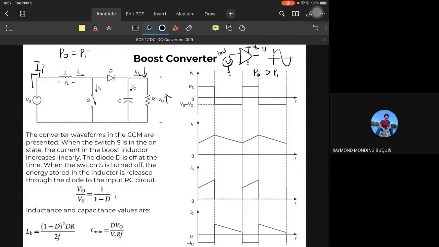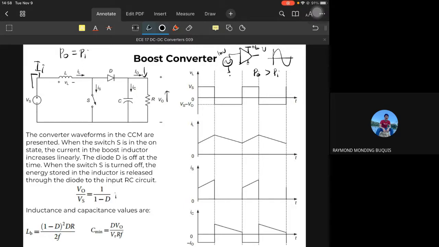Strictly speaking, converter siya. Ang amplifier is gamay gid nga signal ang gipadako, so the technical term is gi-amplify nimo ang signal. Okay, gets.